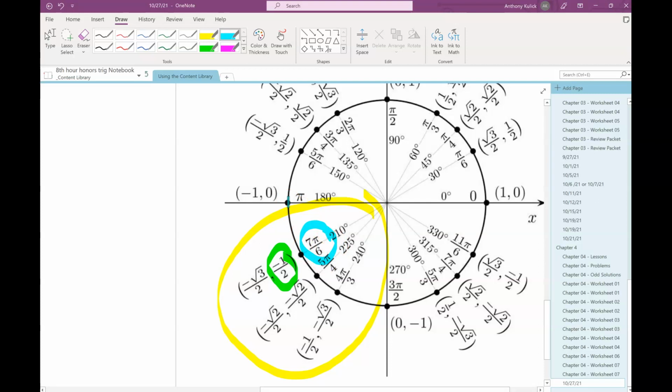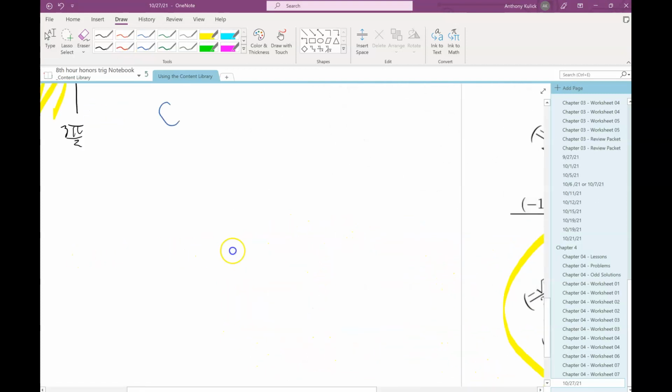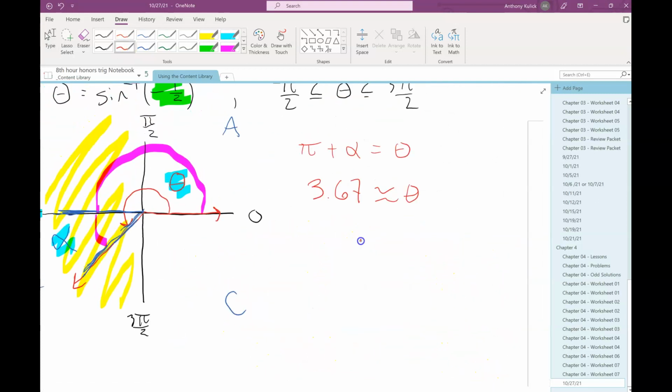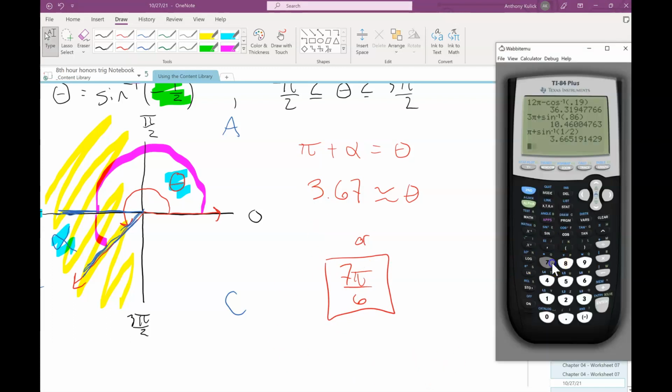Would it be 7 pi over 6? And just to confirm that, if I go to my calculator and do 7 pi divided by 6, I do indeed get the same decimal.